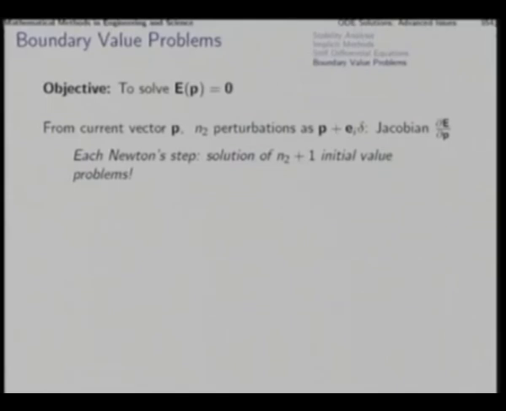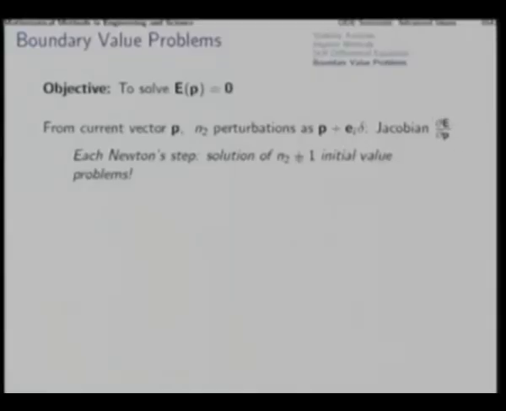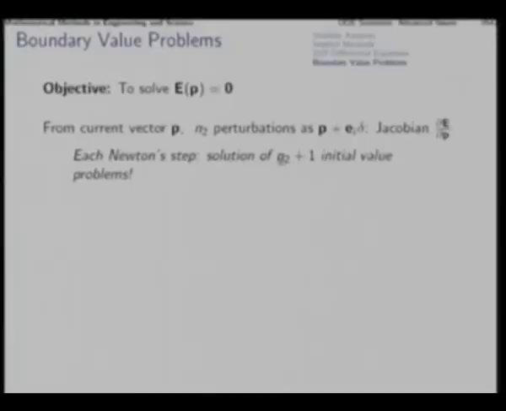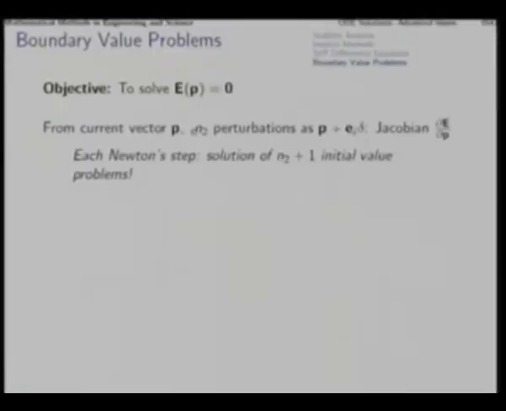So, that means that for the solution of this system, from the current vector p, n2 perturbations having perturbation components in the E1, E2, E3, E4 directions, that is coordinate shifts, we can evaluate the Jacobian matrix. That means that each Newton-Raphson step will require solution of n2 plus 1 initial value problems, one for getting E of p and another n2 here to evaluate the Jacobian.